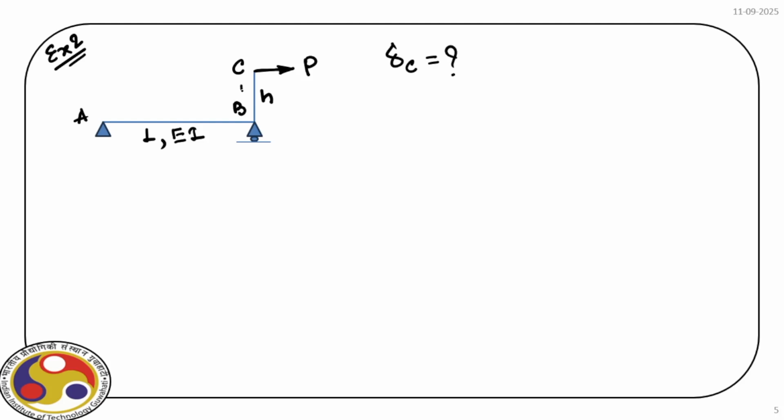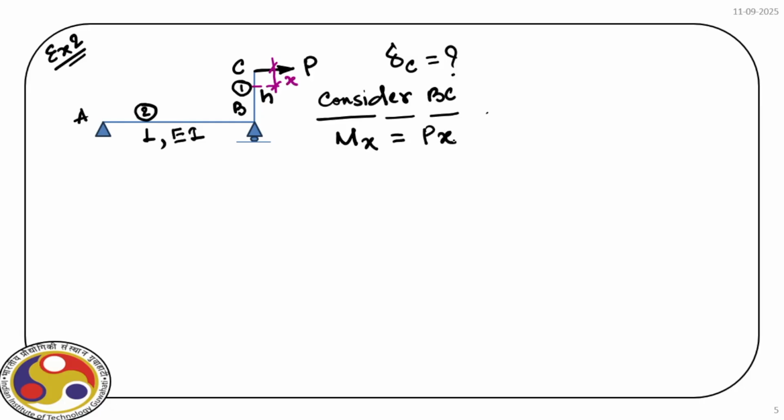So we can split this into 2 segments. The first segment is BC and the second segment is AB. So consider BC, and for this part let us consider a section at a distance, say x. So at this section we can evaluate Mx, and that is equal to P times x.